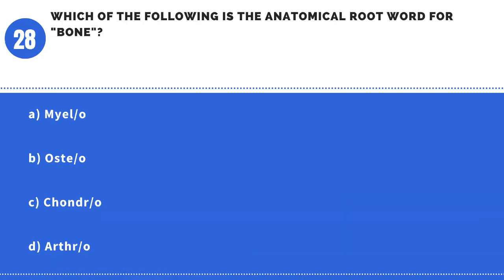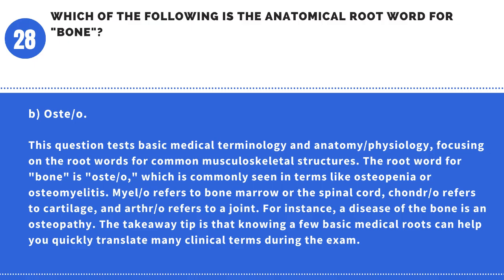Question 28. Which of the following is the anatomical root word for bone? A. Myel/o. B. Oste/o. C. Chondr/o. D. Arthr/o. Answer: B. Oste/o. This question tests basic medical terminology, focusing on the root words for common musculoskeletal structures.